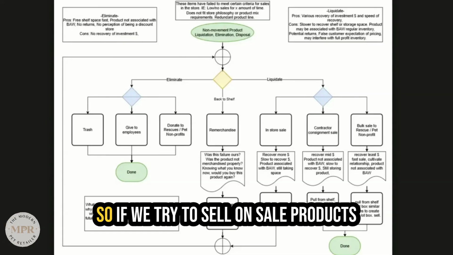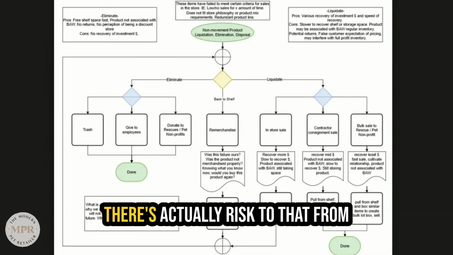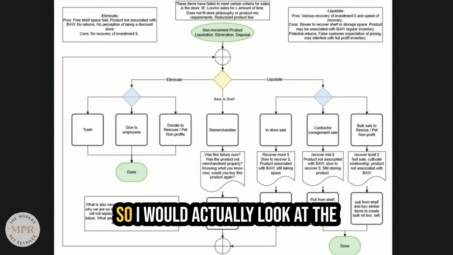So if we try to sell on sale products that we know are already not selling, there's actually risk to that from a customer perspective, what they understand our store to actually be.